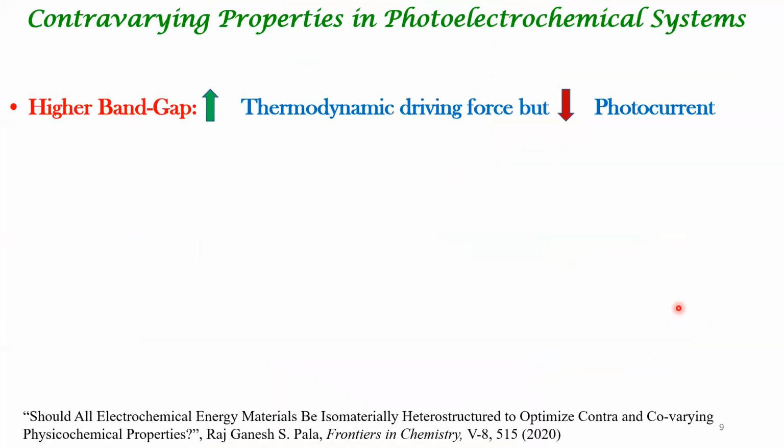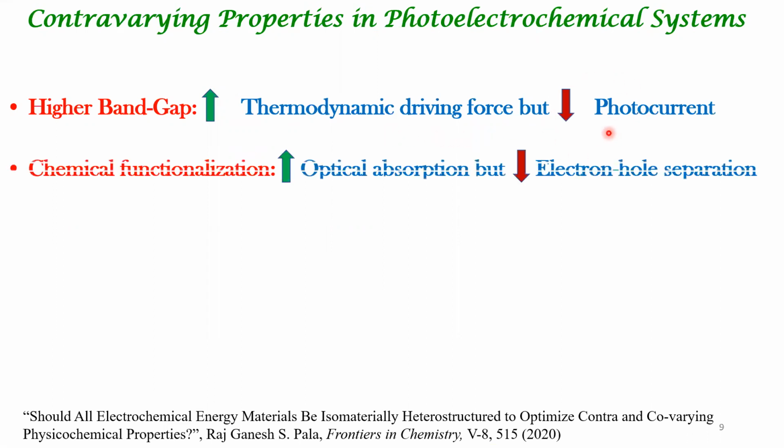Again, we can identify contravarying and covarying properties. Here, the contravarying properties are: the greater the band gap, the higher the thermodynamic driving force for photoelectrochemical reactions, but the photocurrent is lesser.